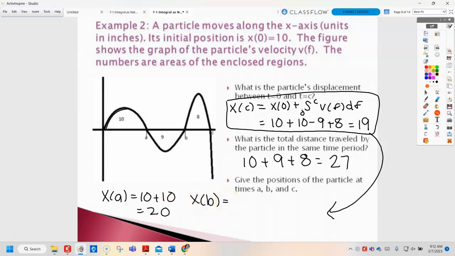Now for B, you can pick it back up at A and do A plus B, or you have to do all the way at 0 and do A and B again. So I could technically do 20 minus 9 to get 11.